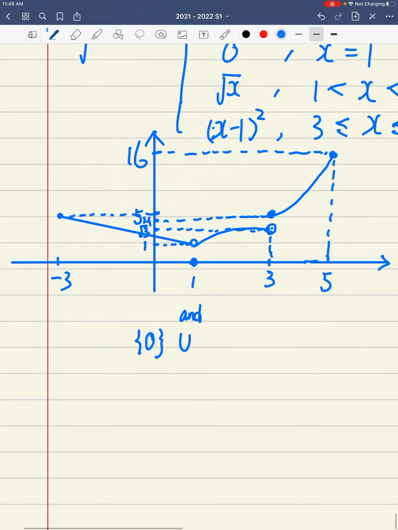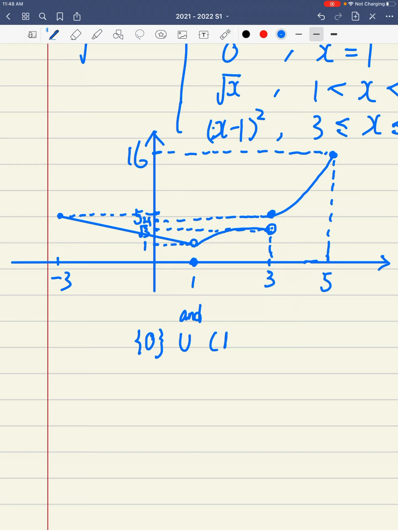And then the second smallest value is 1. But here's the thing: you can never get the value 1 from f(x), because here it's a hollow circle, so it's not included in the range.